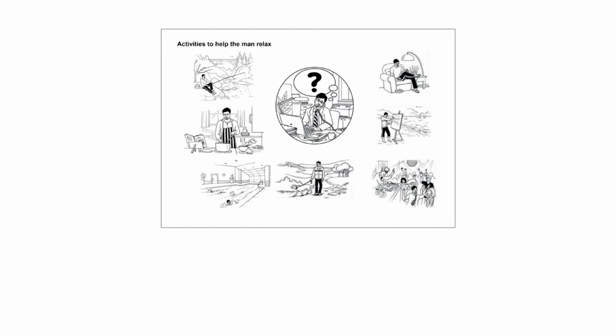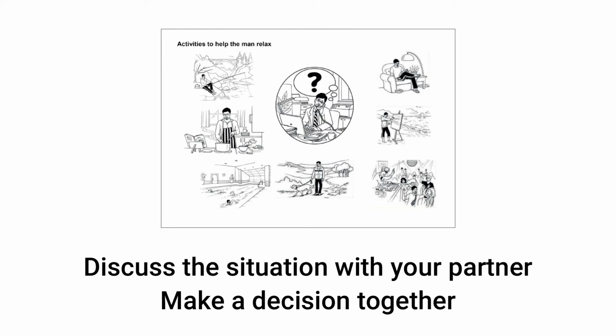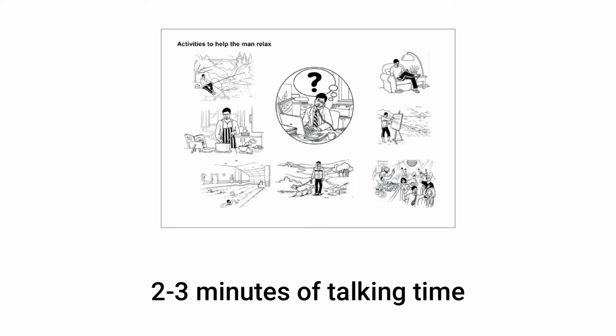The examiner gives you a situation and some pictures. Use these pictures to discuss the situation with your partner and make a decision based on the interlocutor's instructions. You have between 2 and 3 minutes of talking time, and the interlocutor will stop you when the time is up.